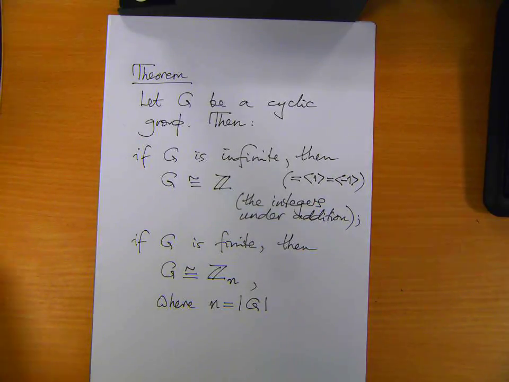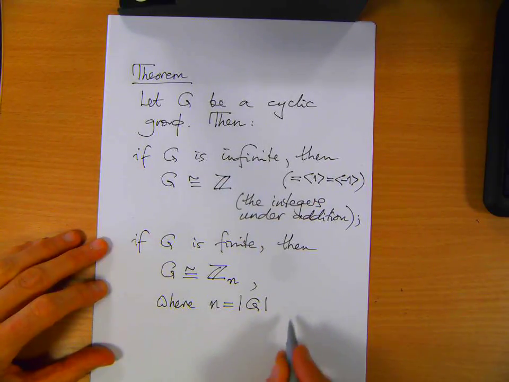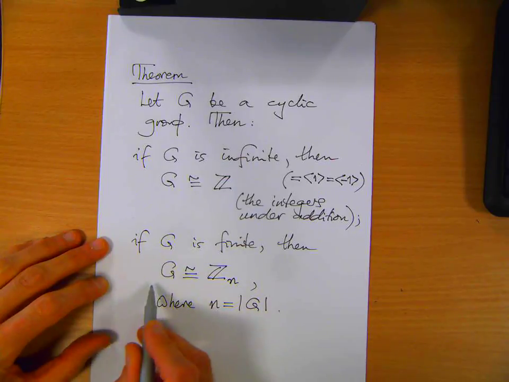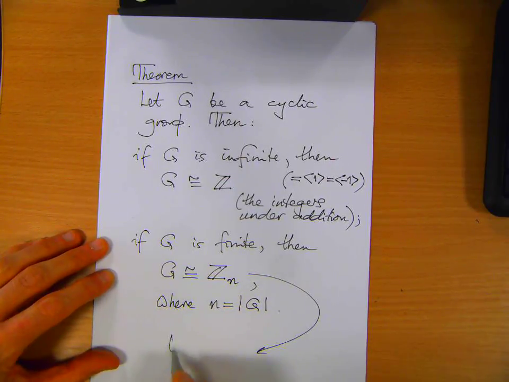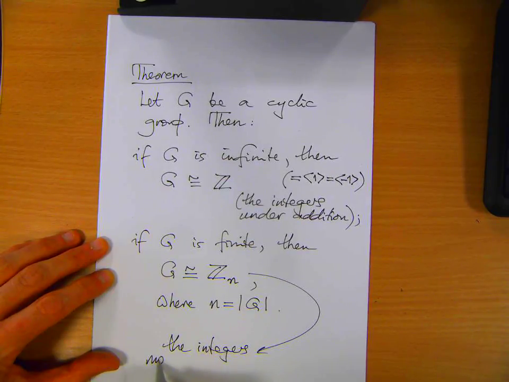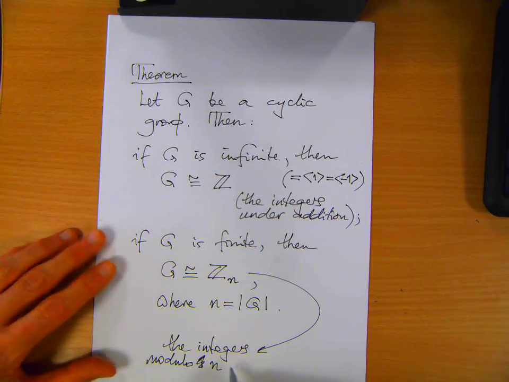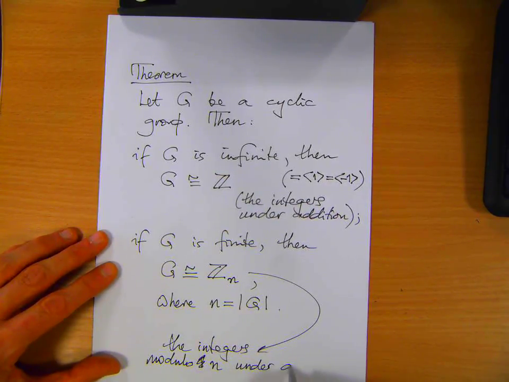There's only one possibility. So this is the integers modulo n in general under addition.